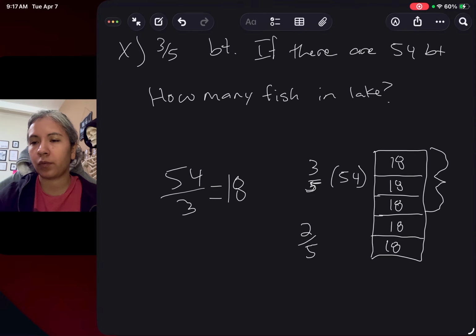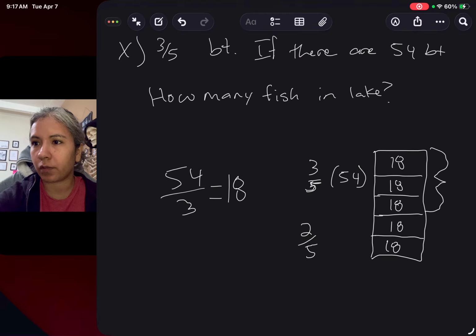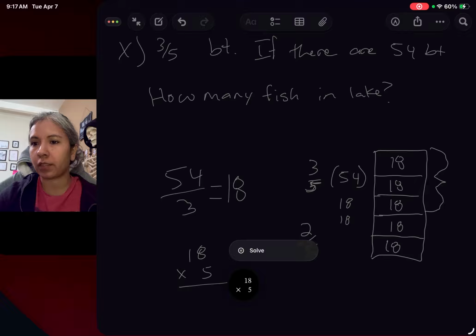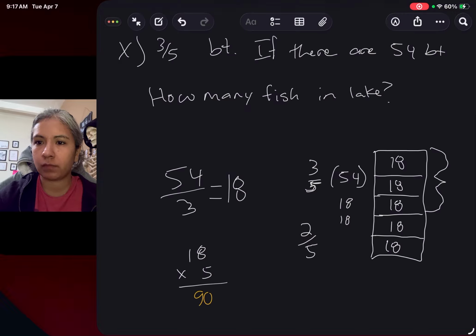So what we can do to get how many fish, we can add 18 twice to the 54, or we can do 18 times 5, which is 90.